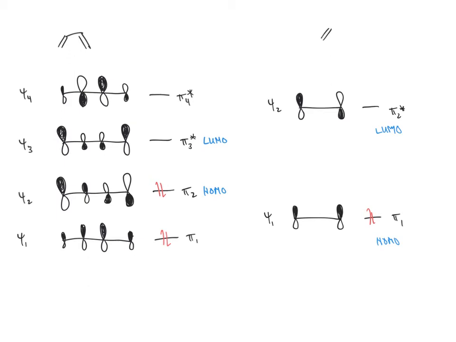So if we're taking the diene as a nucleophile, it must react with the LUMO of the dienophile. Right, so these two will have to interact with one another. However, if we're taking the diene as an electrophile, it's going to react with the alkene as the nucleophile.